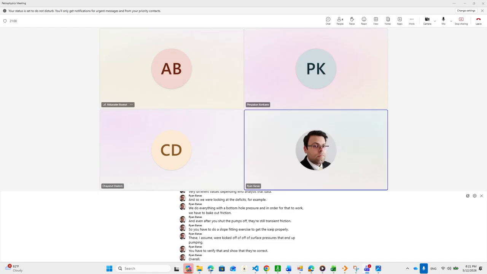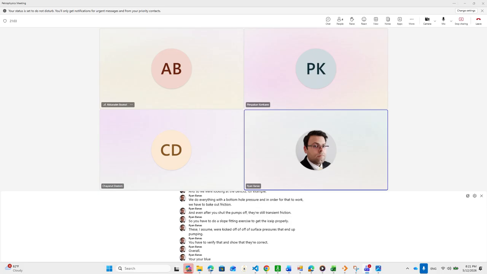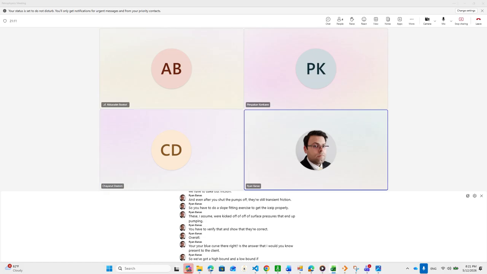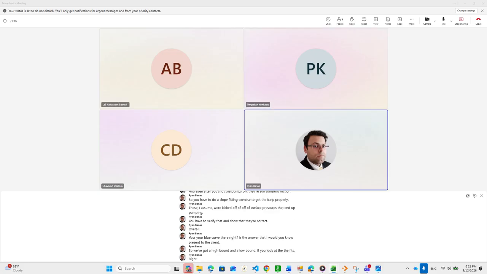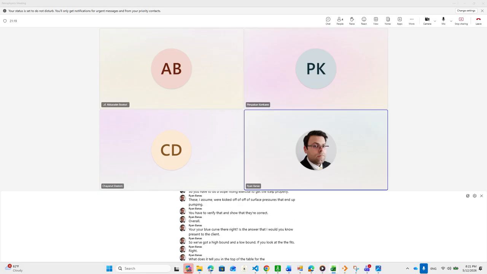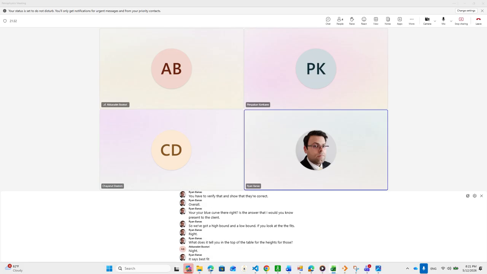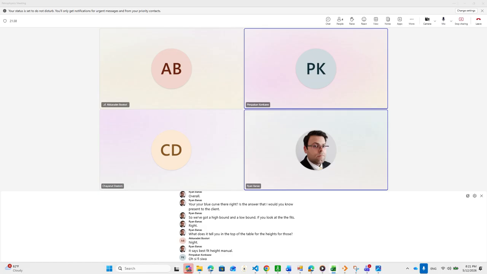Overall, your blue curve there, right, is the answer that I would present to the client. So we've got a high bound and a low bound. If you look at the fits, what does it tell you in the top of the table for the heights for those? So it says best fit height manual, min fit height and max fit height, right?